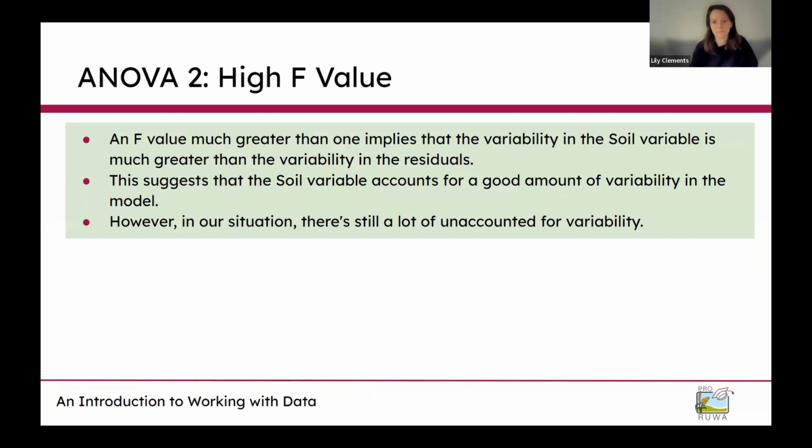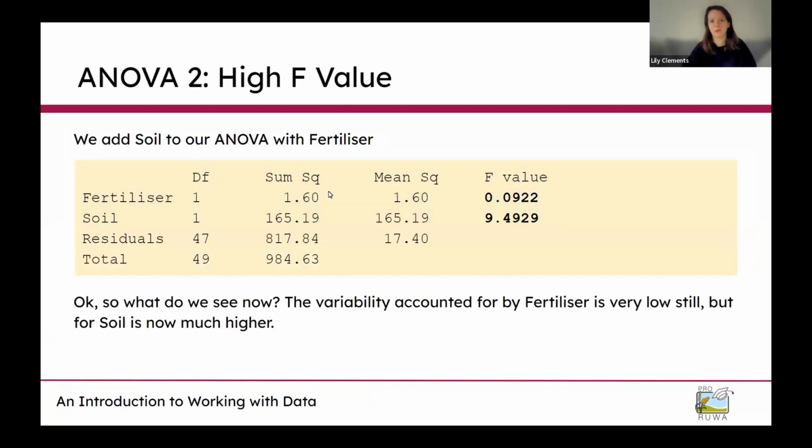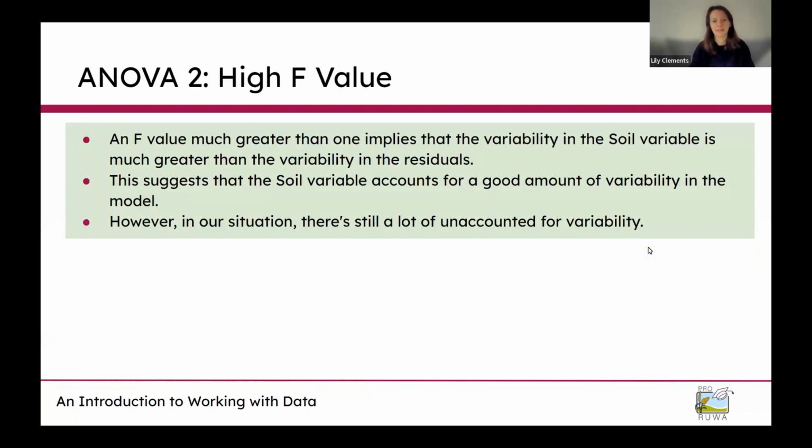What does this mean? Well, an F value much greater than 1, such as we have with soil, where we have 9.49, implies that the variability in the soil variable is much greater than the variability in the residuals.